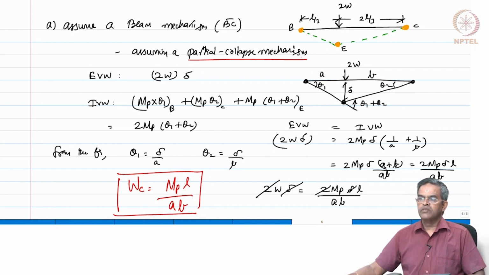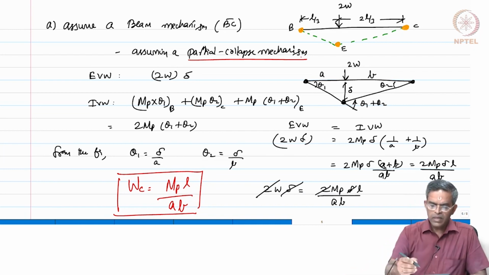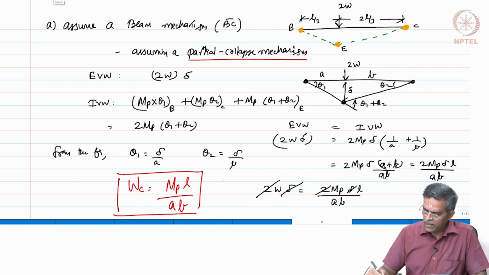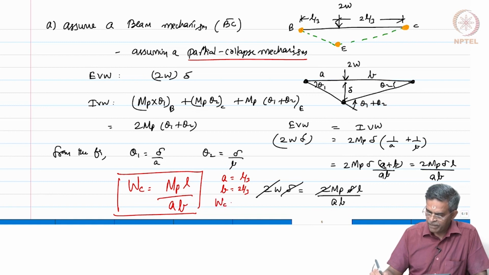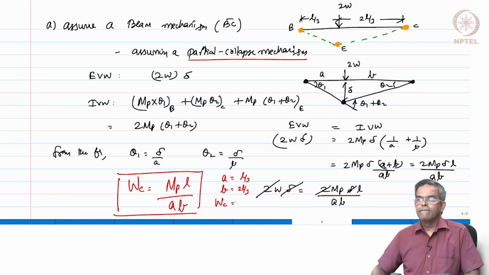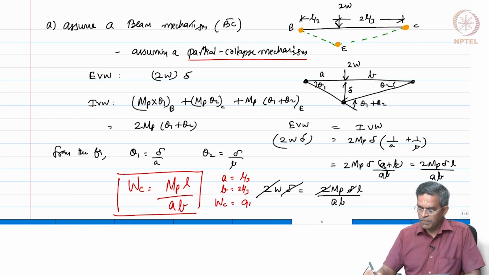There are other mechanisms possible. Let us extend this further. Let us say A is L by 3 and B is 2L by 3. I can quickly get Wc as 9 Mp by 2L.